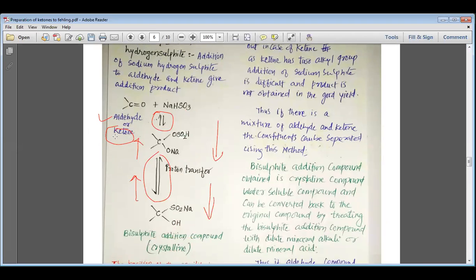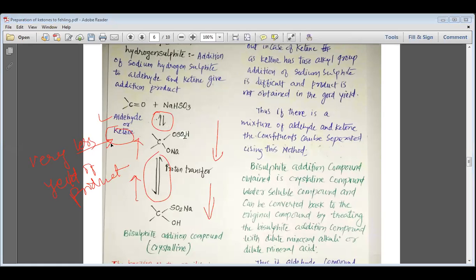So whenever the reaction of sodium hydrogen sulfite is done with a ketone, it gives a very low yield of product. But when it comes to aldehyde, it gives a good amount of product.